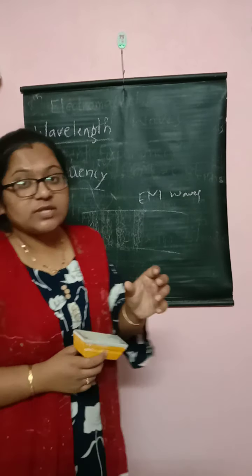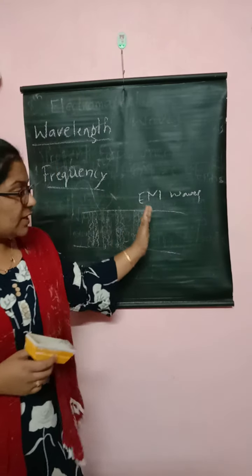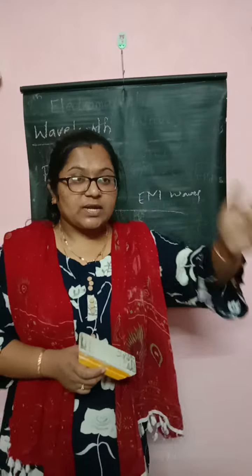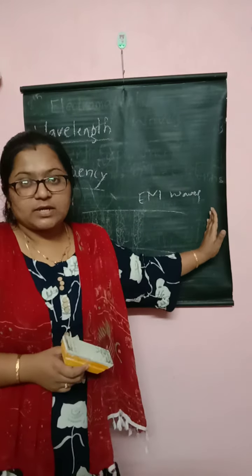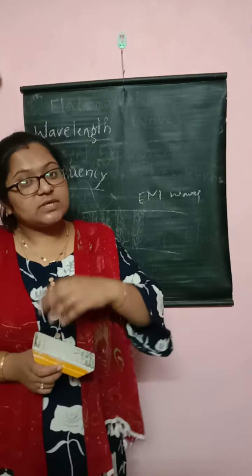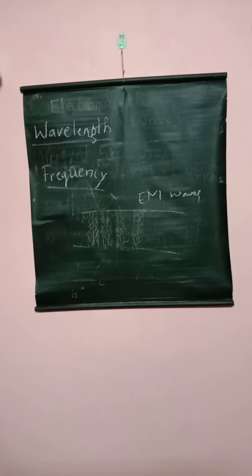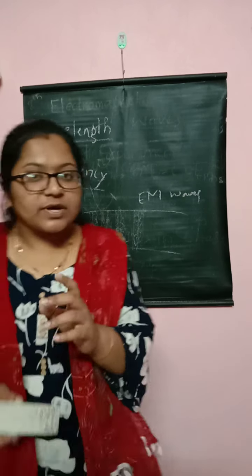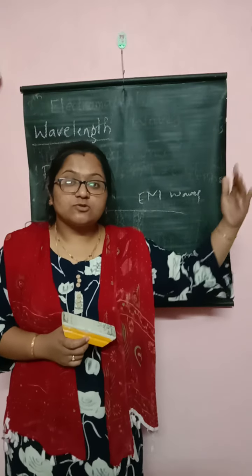Depending on their frequency and wavelength, the electromagnetic wave is separated into different regions. If this is one full electromagnetic wave, at particular places we will be having different frequency, different wavelength, because I told you already that electromagnetic waves possess a wide range of frequency and wide range of wavelength.